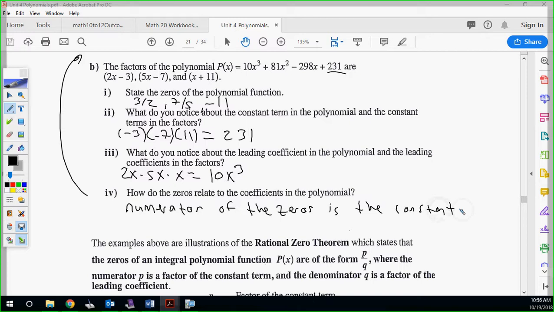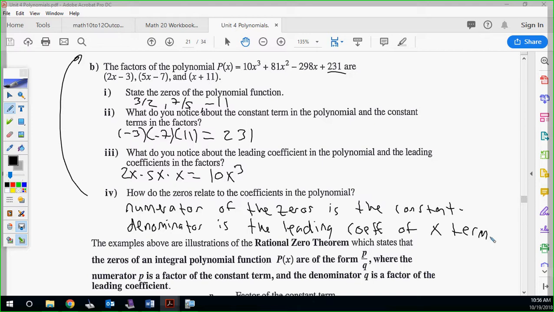The denominator is the leading coefficient of the x term. Remember, the leading coefficient is the number in front of the biggest variable, the highest degree. In these binomials, the highest degree is 1, right? So the leading coefficients are 2, 5, and 1.